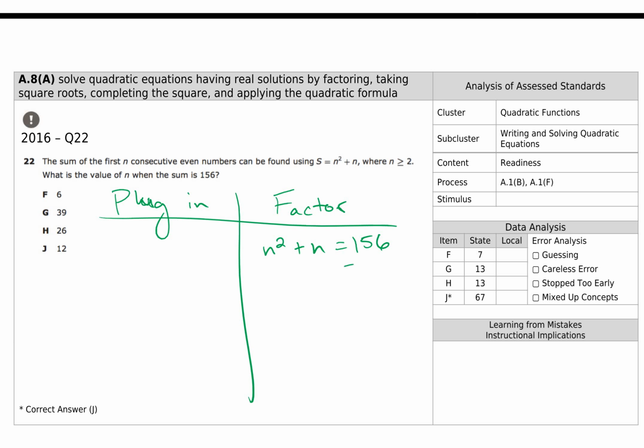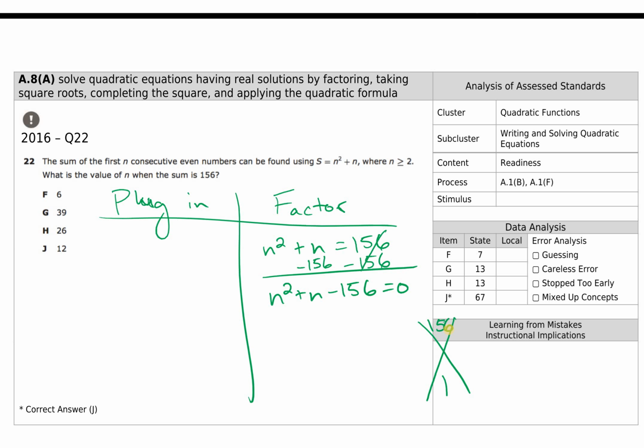In order to factor it, we'd go minus 156, minus 156. N squared plus n minus 156 is equal to 0. And we do our x factor. 156 at the top, 1 at the bottom.